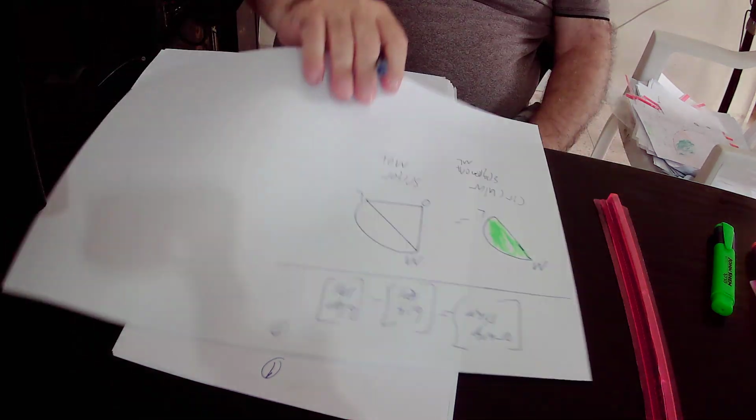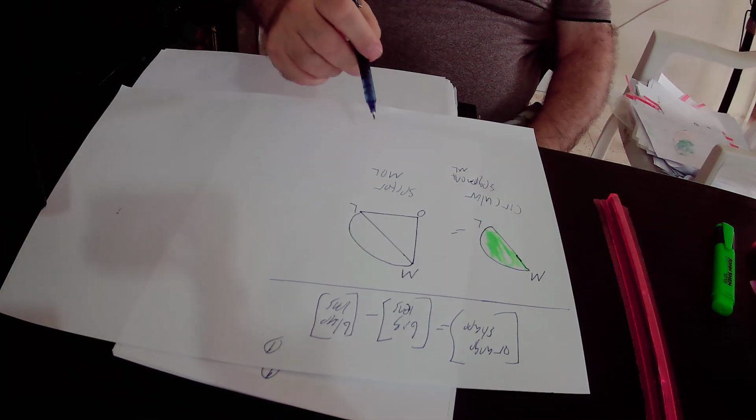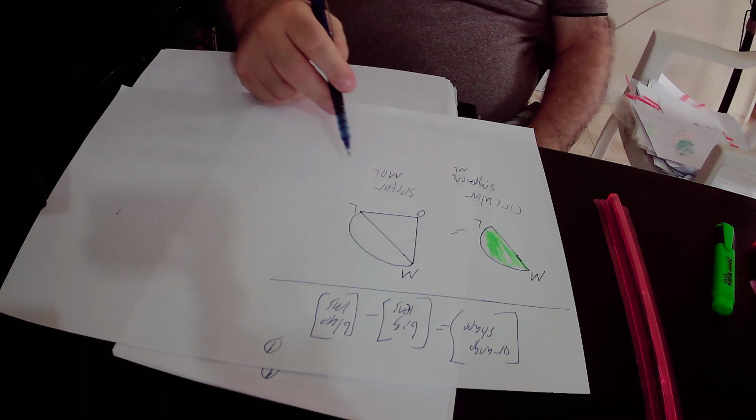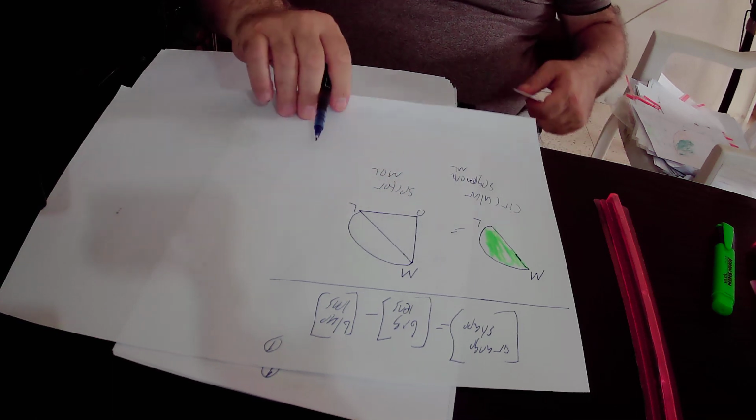So this is sector MOL, and we will subtract the area of triangle MOL from the area of this sector MOL.